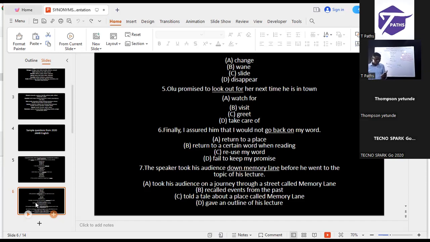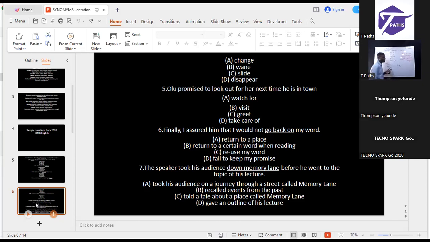Number six, finally, I assured him that I will not go back on my word. That's another phrasal verb, underlined: go back on my word. What does it mean to go back on? Which other expression comes close to the meaning?